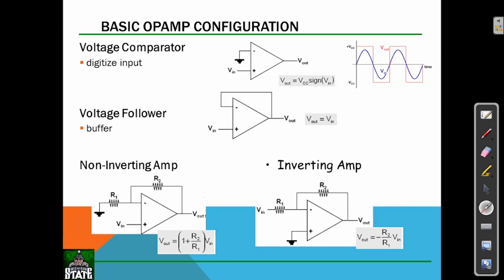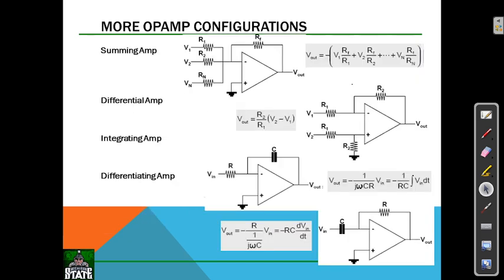The input voltage is given through resistor R1, and the positive terminal is connected to ground. Another resistor provides feedback from the negative terminal to the output voltage. The formula for the output voltage is V out equal to negative R2 divided by R1 times the input voltage. This is the inverting amplifier.